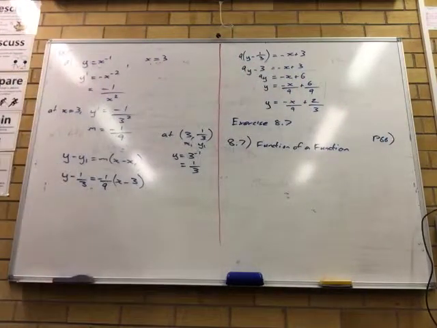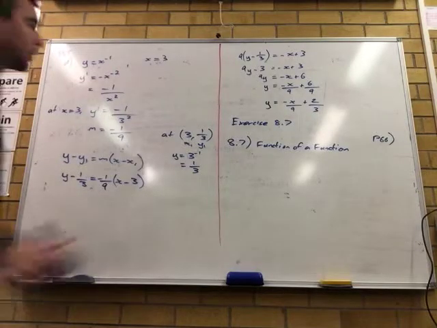Okay, so a function of a function, which is also called a composite function, is a function made up of two or more other functions.